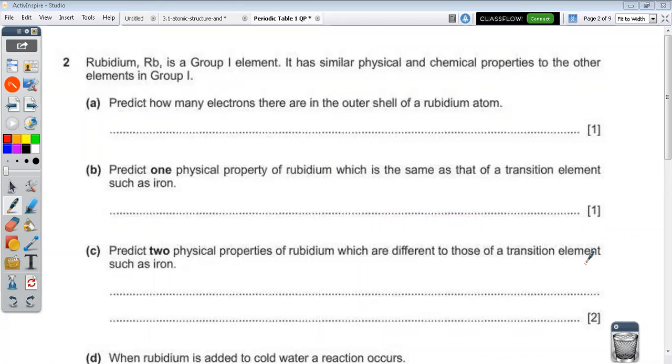It has similar physical and chemical properties to other elements in group 1. Predict how many electrons are in the outer shell of rubidium. How many electrons? 1, because it's group 1.